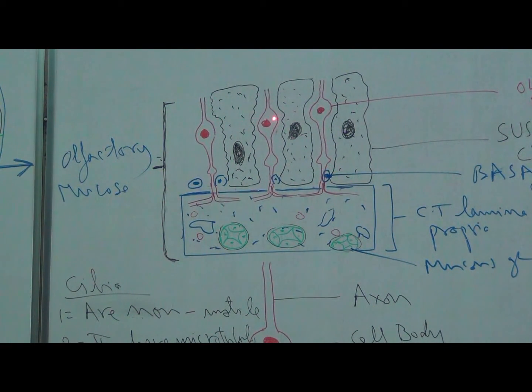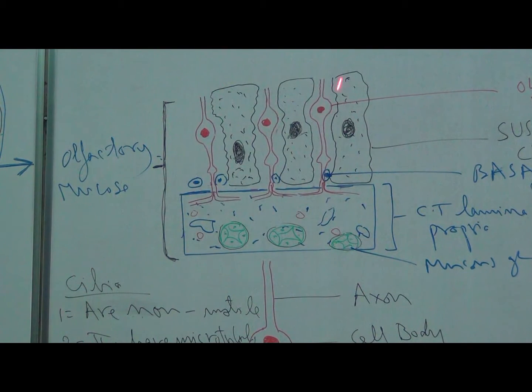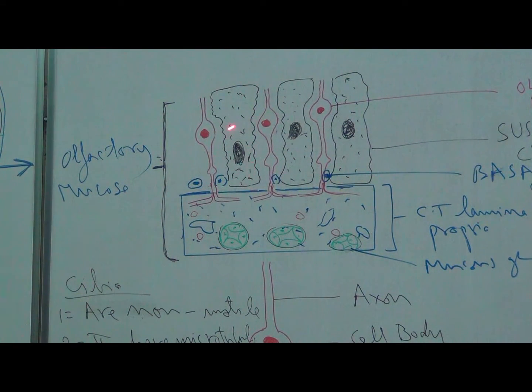The olfactory neurons in the olfactory mucosa, and then the glial cells known as the sustentacular cells in the olfactory mucosa.